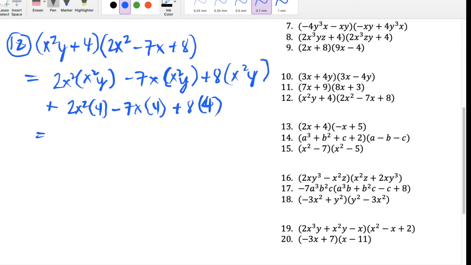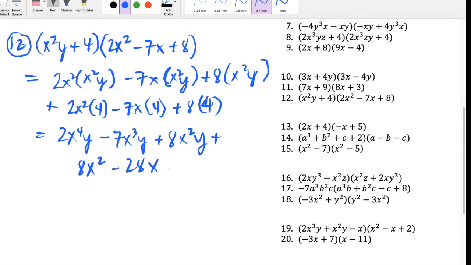So, our first term here would be 2x raised to 4y minus 7x cubed y plus 8x squared y plus, what's the term here? 8x squared minus 7 times 4, that's 28x, plus 8 times 4, that's 32. Okay? Ito yung final answer natin. We have 5 terms. Wala naman tayong like terms, so yan na yan.